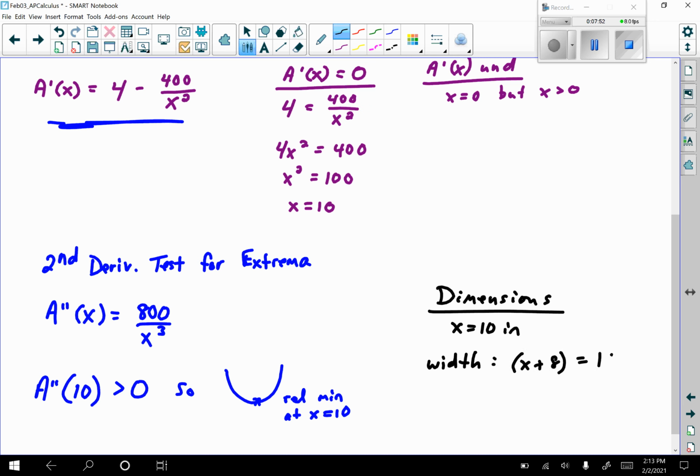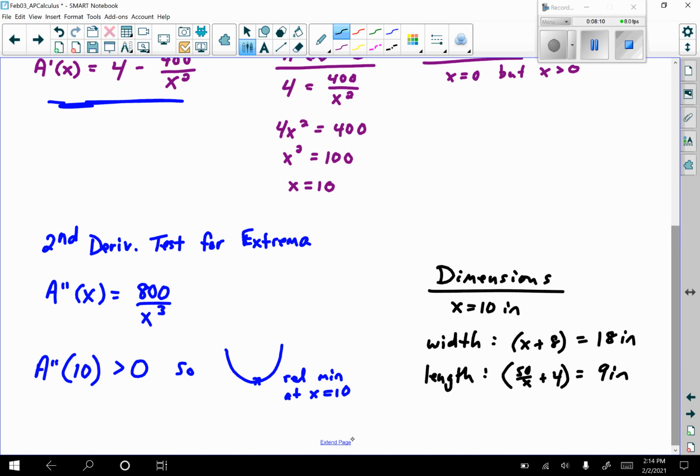So that's going to be 18 inches. And then the length was y plus 4. Well, y is 50 over x, so 50 over 10. So we'll say 50 over x plus 4. That's going to give us 9 inches.